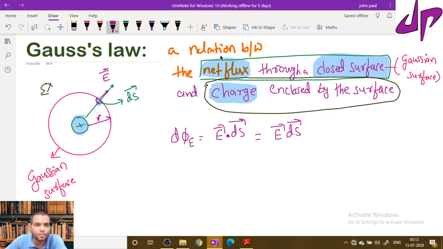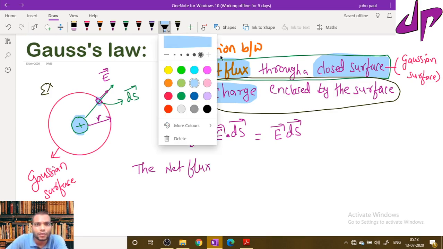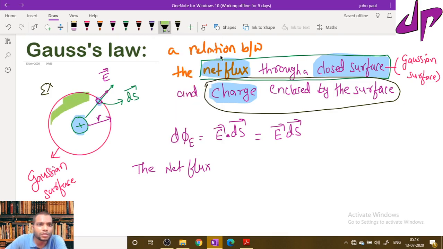To calculate the net flux, meaning the flux through the whole Gaussian surface we have chosen, the net flux through the charge enclosed by the surface, we consider the whole surface. The surface is in three dimensions, so we need to take the total surface area of the Gaussian or spherical surface. To write the net flux, I have to calculate the total flux.